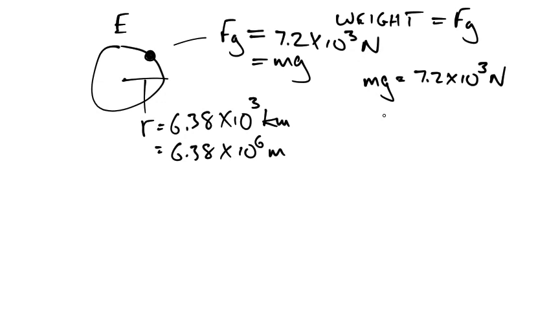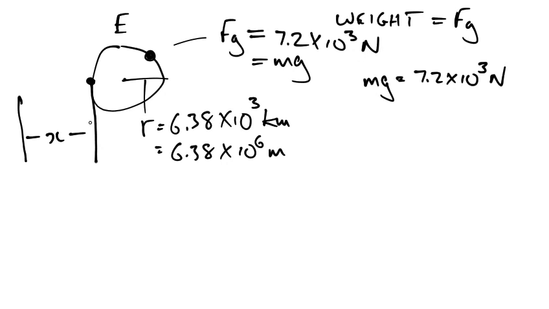Next, it says the spacecraft moves away from the Earth. What is the weight of this spacecraft at the following distances? So, distances above the Earth's surface. You have to be careful here, because what they're giving us is distances from the surface of the Earth.